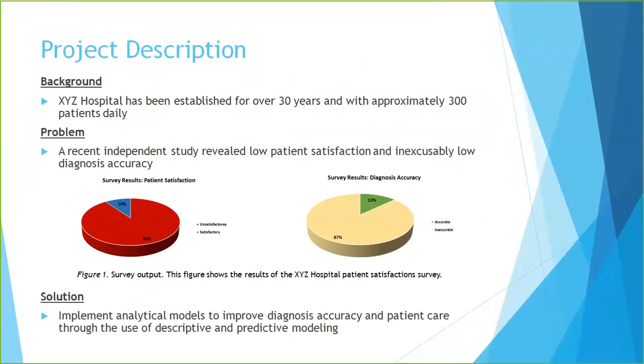The hospital currently collects patient data, but they just store it and don't implement any sort of data analytics. So in order to improve overall patient care and restore the hospital's reputation, an analytics team was established to develop models using sample data to predict patient diagnosis and present the findings to upper management in an effort to prove the benefits of analytics and how it can improve their survey scores.